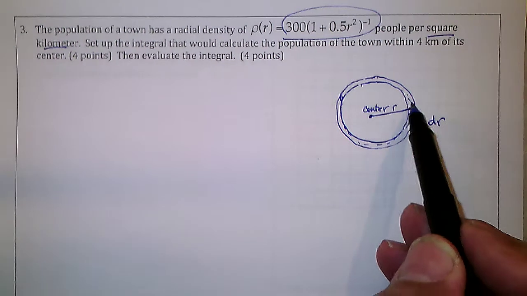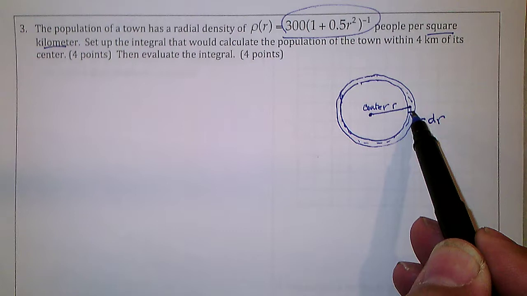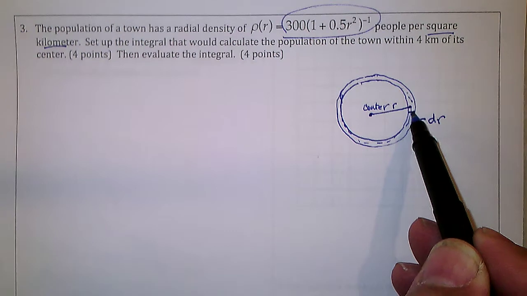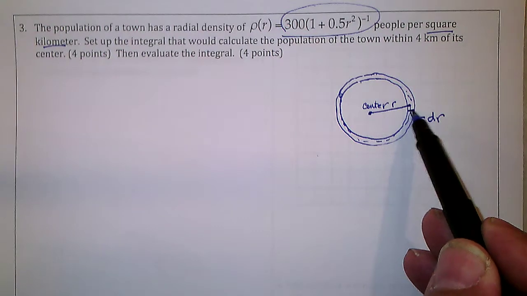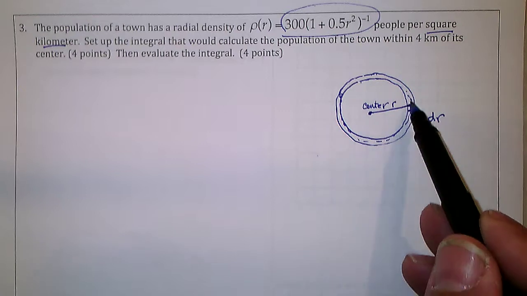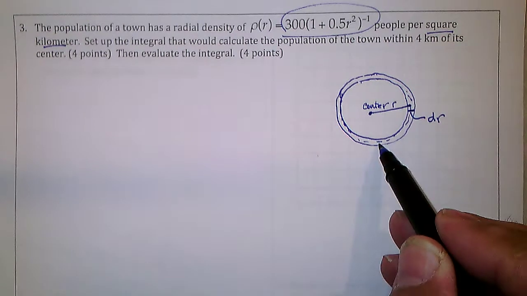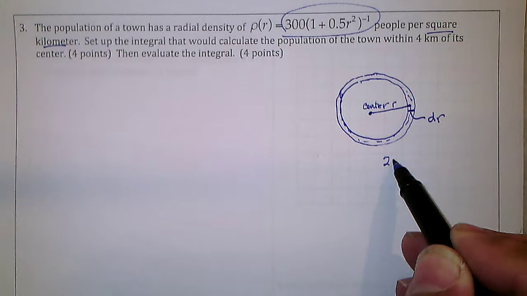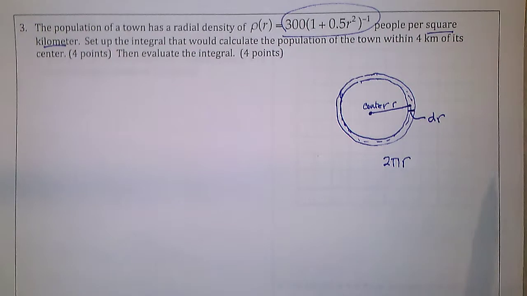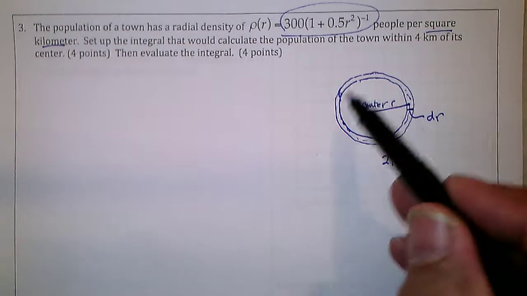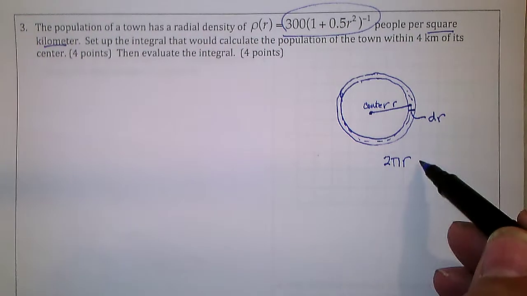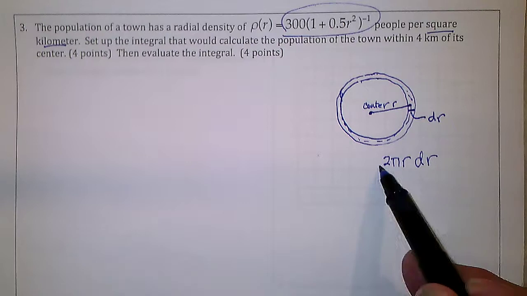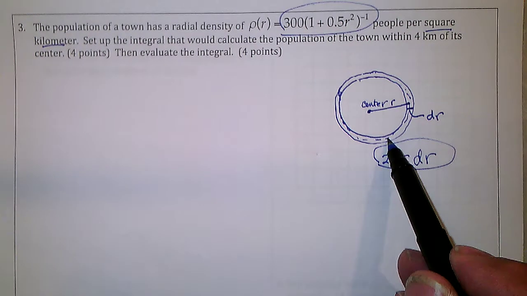So the area of this ring, it is a bent rectangle, but if this is really short, we could just say it's dr times the distance around. Now the distance around a circle is 2 pi r. So the length of the rectangle is 2 pi r. The width of the rectangle is dr. So there's the area of the ring.